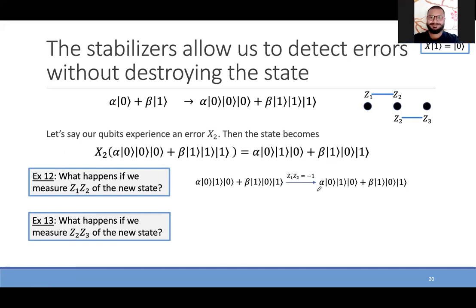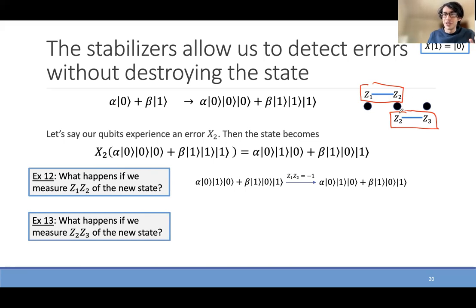It will again have the eigenvalue -1. Great, that's exactly right. Good, people in the chat are also there. Right, because we flip the middle qubit, which means that it changes the value of these two, but it also changes the value of these two because it's the middle qubit, it changes both of them.